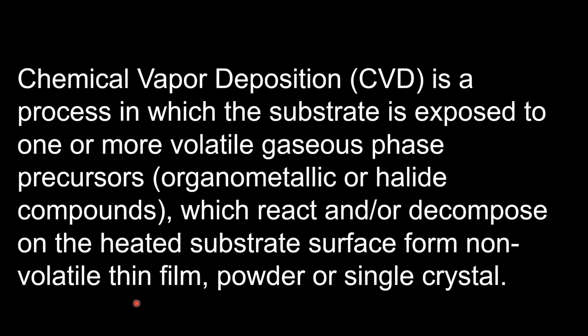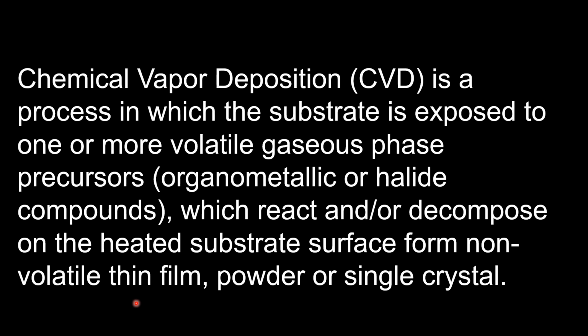the temperature of the substrate and the temperature in the reaction chamber are different, and on the basis of that temperature gradient, the precursor which is decomposed gets deposited onto the surface of the substrate.